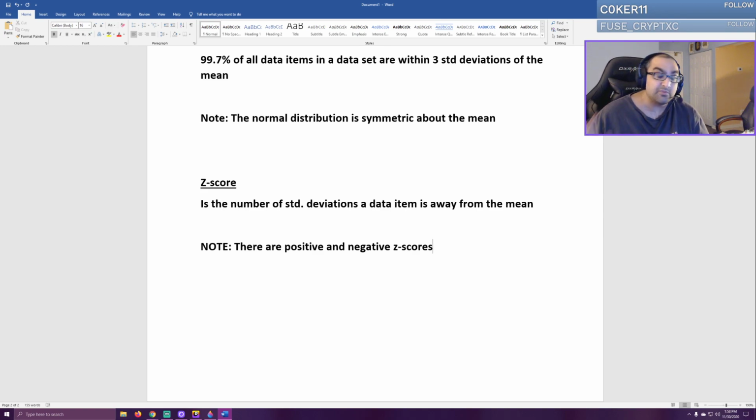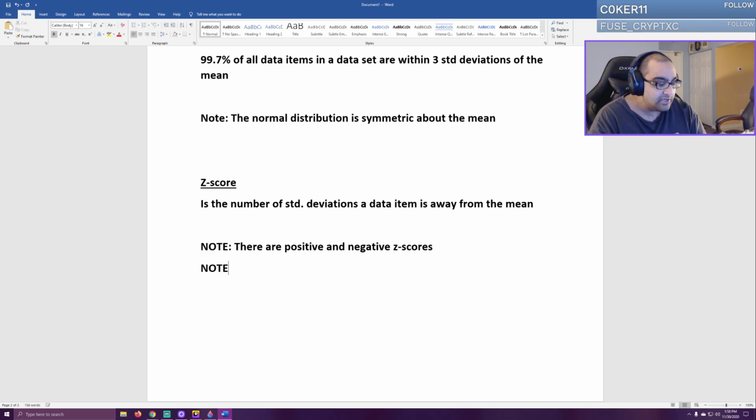So it's possible to have a negative z-score. That just represents that it is minus that many standard deviations away from the mean. So that's why I can say -1 standard deviation, -2 standard deviations. It means it's below the mean, it's just lower, and that's okay.